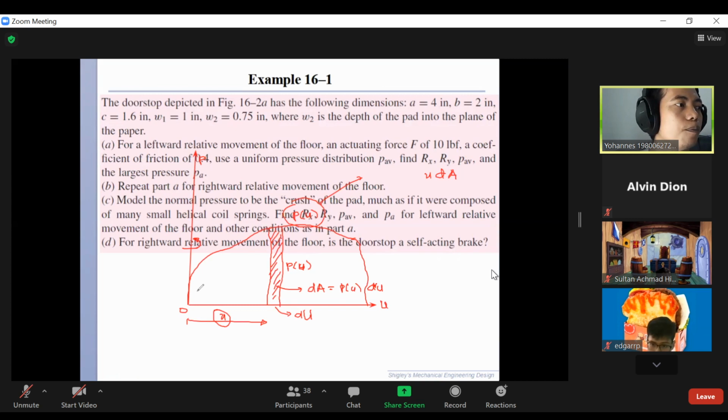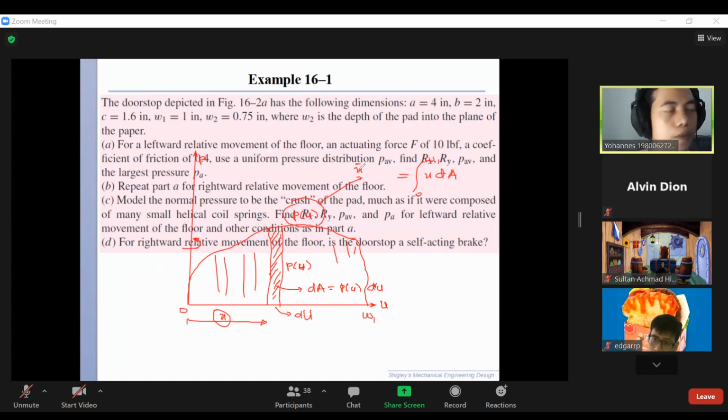Because you have many elements here, you must integrate from 0 to, for example, the end, so this is the total moment of area due to this pressure distribution. And you can locate the U-bar in the position so that the total moment is equal to the moment created by this area.